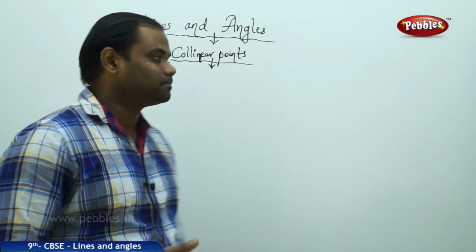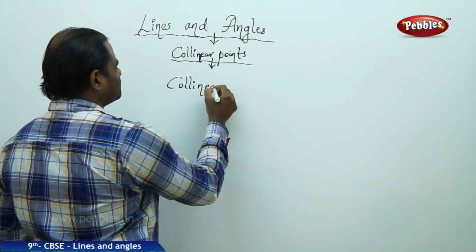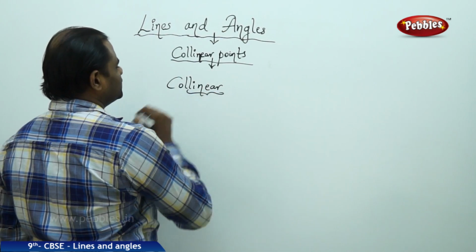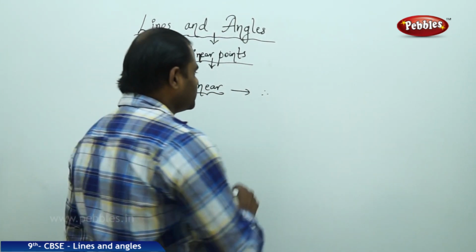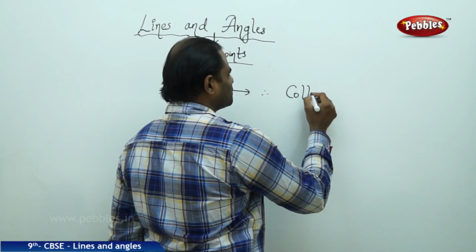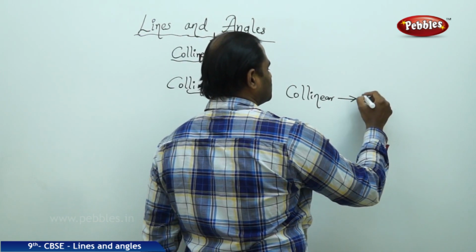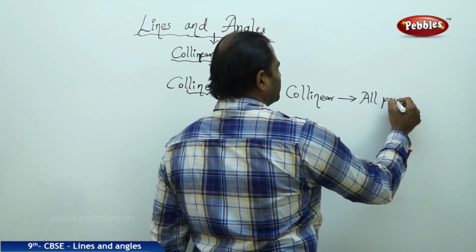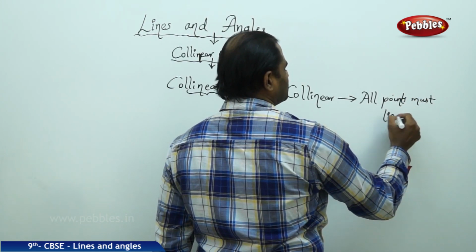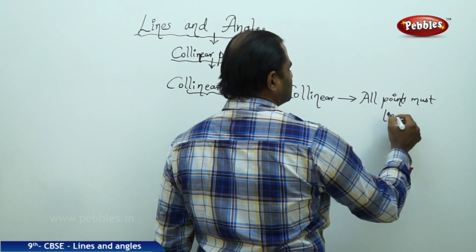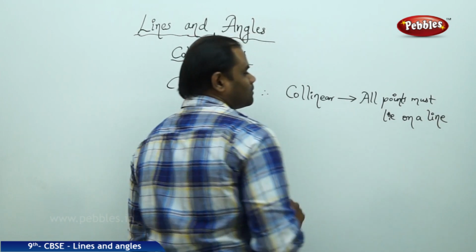It's very simple. The word collinear itself says they are linear, therefore collinear implies all points must lie on a line.